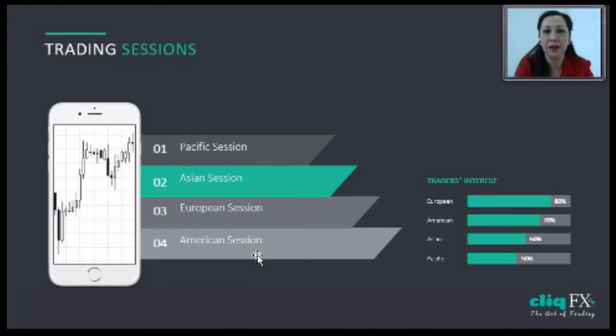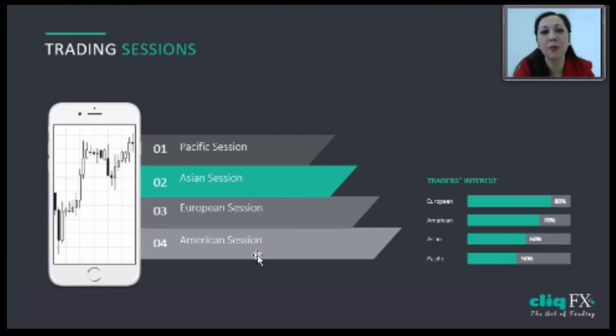What about the Pacific? Actually, it's not so commonly known a session because the market during this session is very slow, not active. Talking about Asian, this is the first of the main trading sessions that starts the operating day, so they first make money.